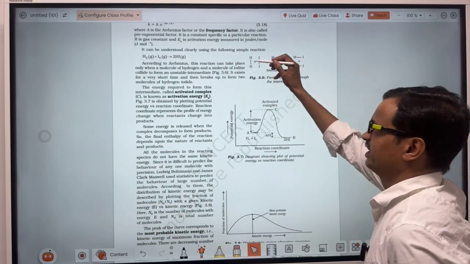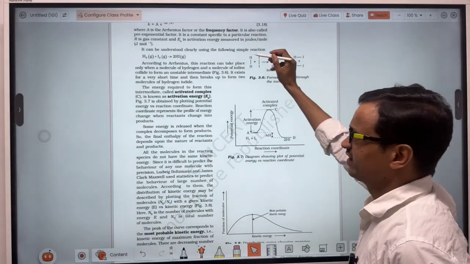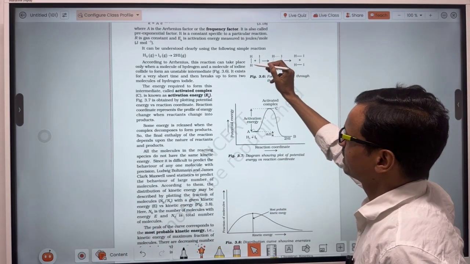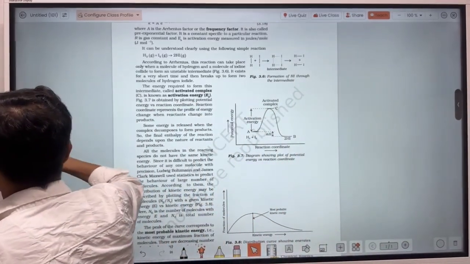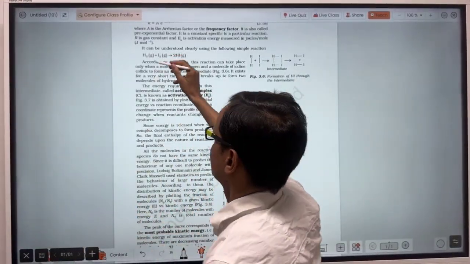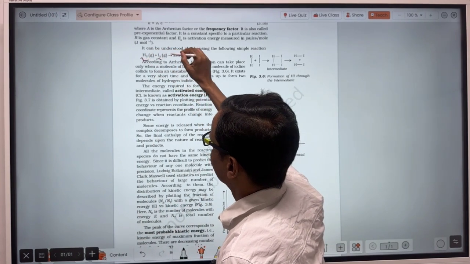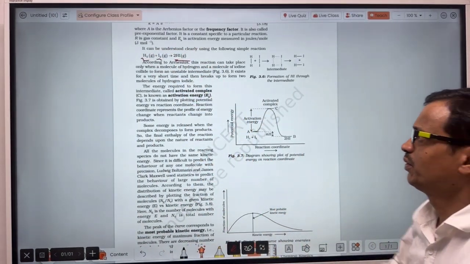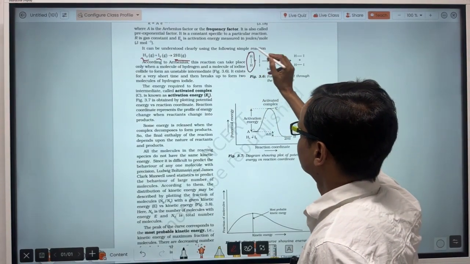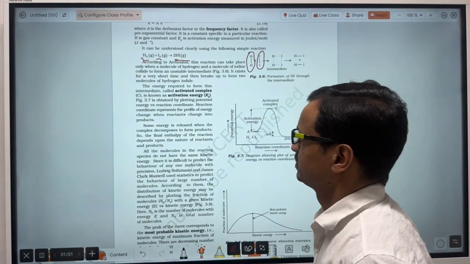Here, this is the molecule of H2, with bonding between the hydrogen atoms. In the same way, H2 reacts with I2 and there is formation of 2HI. So this is the hydrogen molecule, this is the iodine molecule.